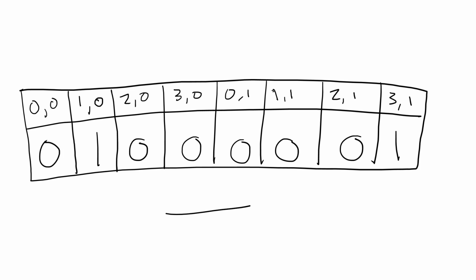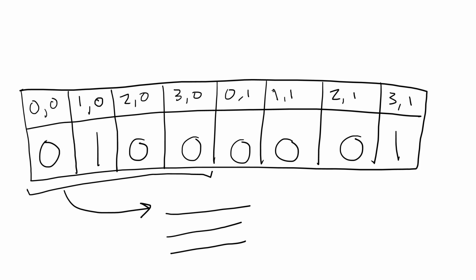So if you imagine the image, this first set of 4 goes in the first row. So y equals 0, y equals 1. This second set of 4 goes down in the second row of the image where y equals 1. And then what we've done is we've placed this in the image.